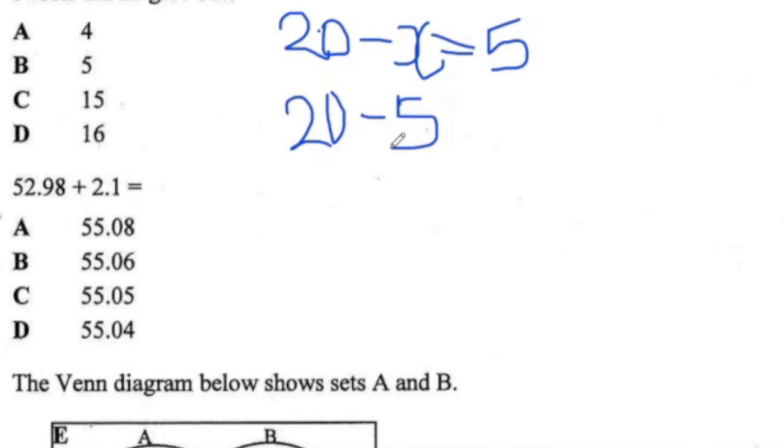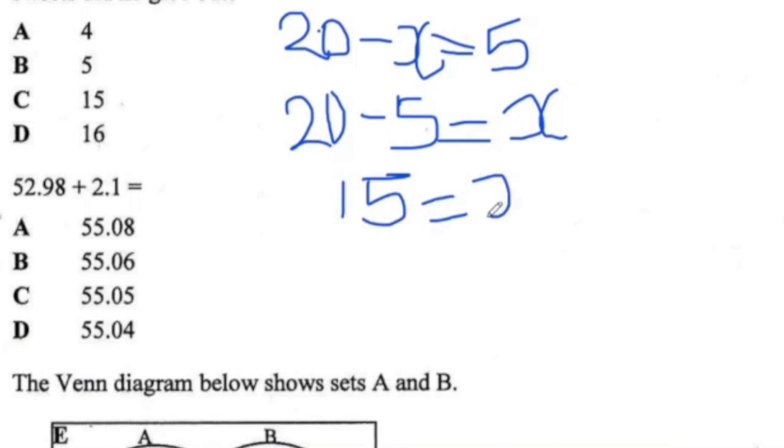We remove 5 from 20, which are the sweets that are remaining, is equal to X. Then we find the difference. 20 minus 5 will give us 15. Then that is the value of X. There it is, 15. So the correct answer is C.